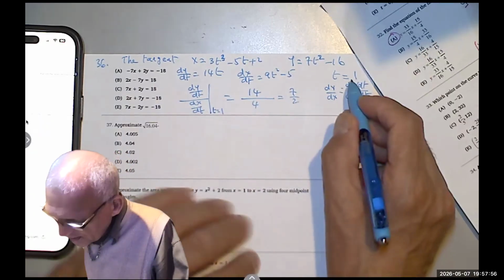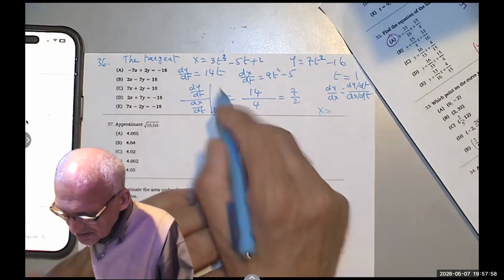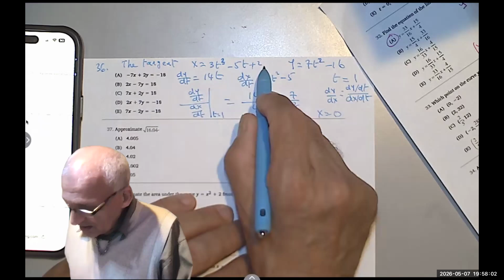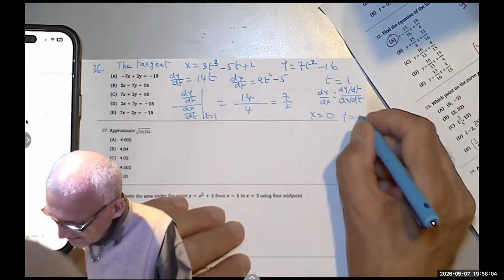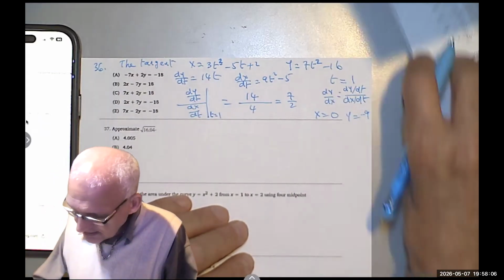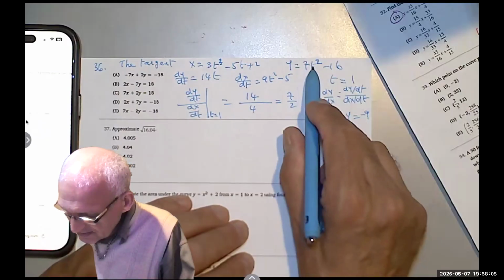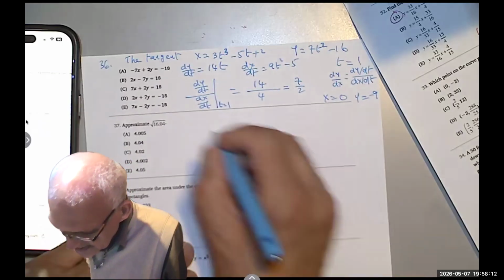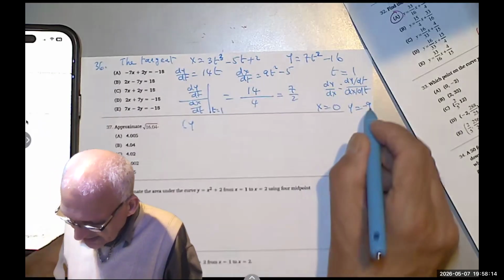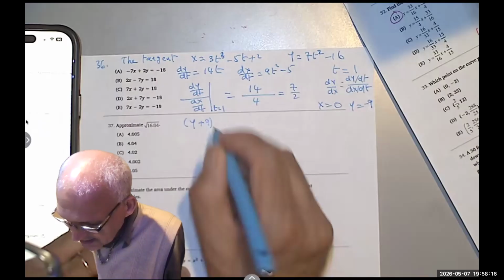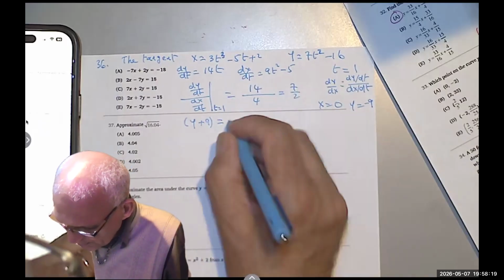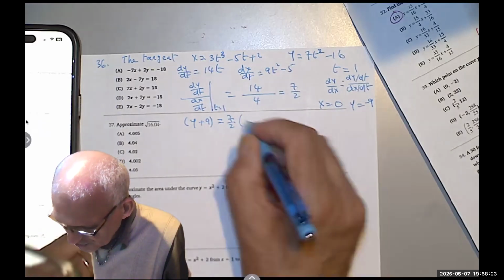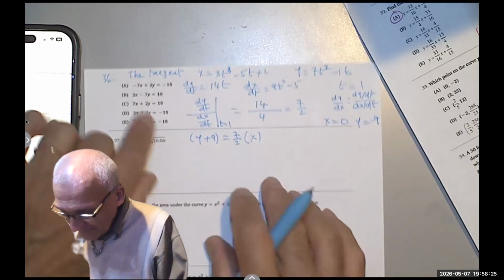At t equals 1, x equals 3 minus 5 plus 2, which is 0, and y equals negative 9, right? Because 7 times 1 squared is 7, minus 16 is negative 9. So now I say y minus negative 9, or y plus 9, equals a slope of 7/2 times x minus 0, which is x.